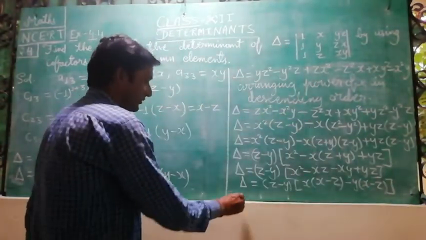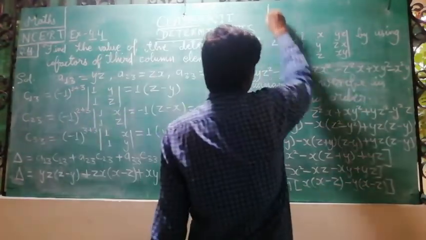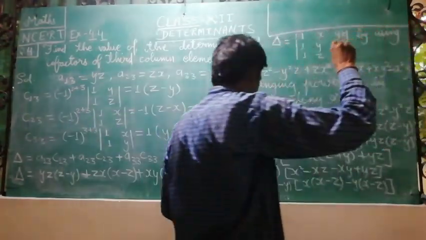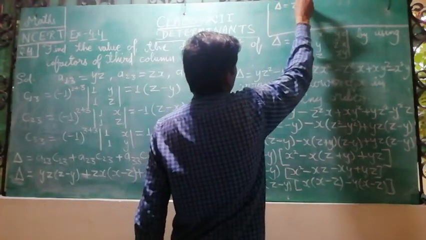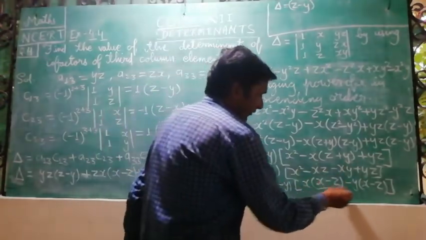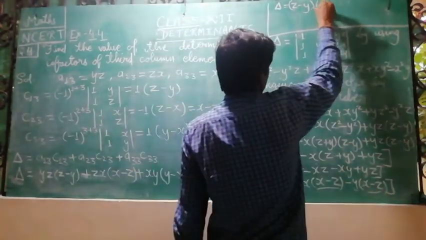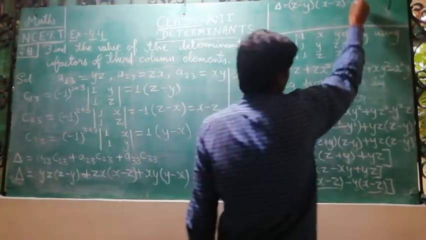So this delta will become what? We can write upwards. Now delta will be equal to z minus y. x minus z is taken common from both the terms, so x minus z, and then x minus y are the remaining terms.